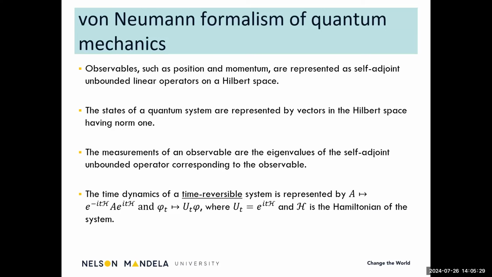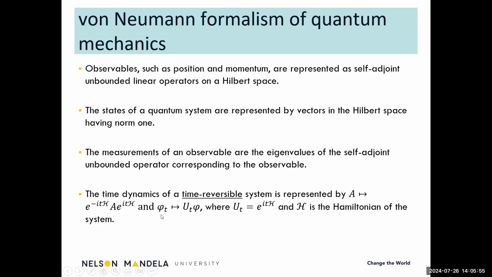If you're looking at a time reversible quantum system, then the dynamics of that system is just the usual thing coming from the Heisenberg-Schrödinger mechanics. So you've got A in the middle, and then you've got e to the ith and e to the minus ith on the left.